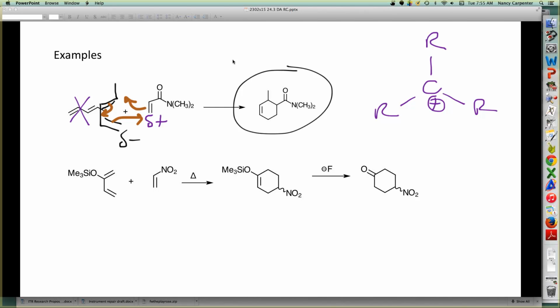Well, in this case, we definitely know that the lone pair on that oxygen is going to push electron density right there onto the terminal carbon. That means that's our delta minus. Here's our delta plus.